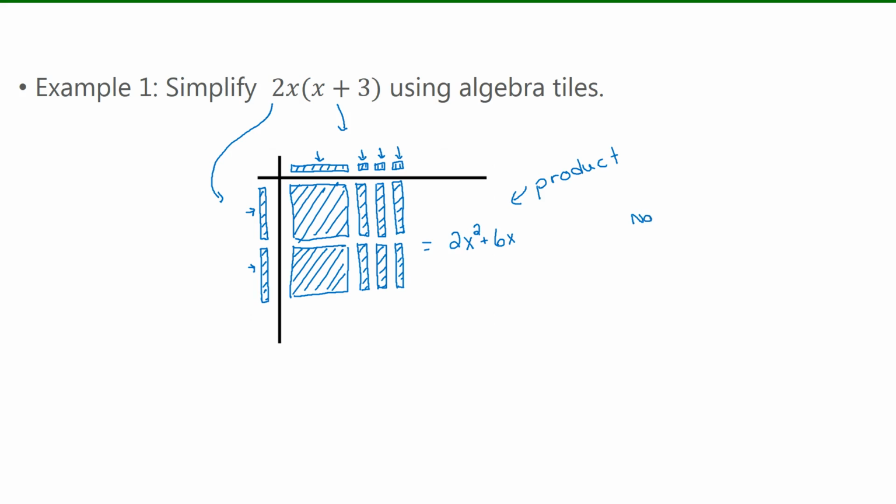Let's just make a note here of what we noticed when we multiplied the algebra tiles together. When we multiplied an x tile with another x tile, we got an x squared tile. So I'm going to say that an x tile multiplied by an x tile gives us an x squared tile.